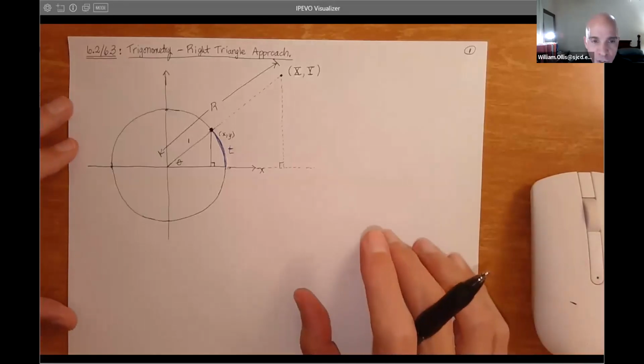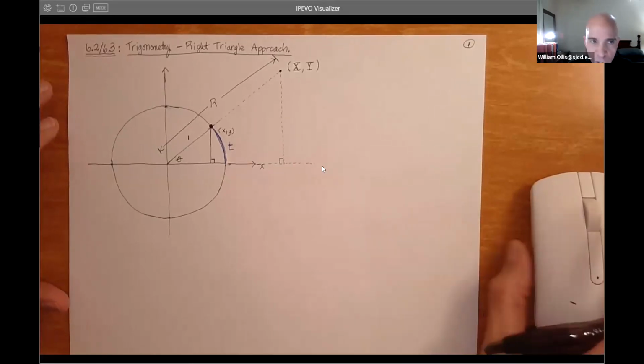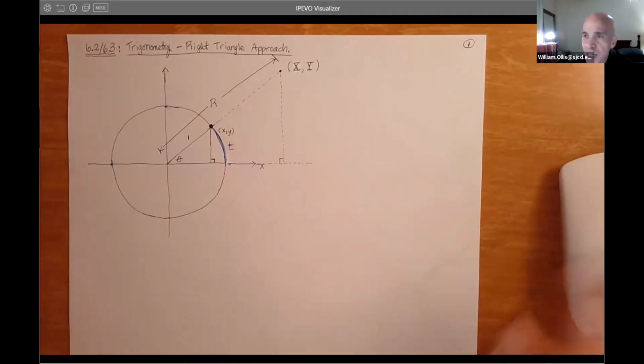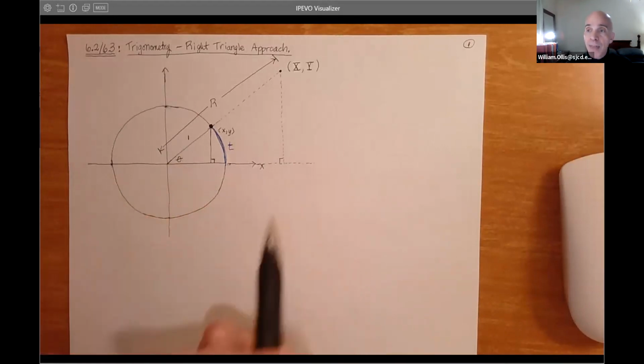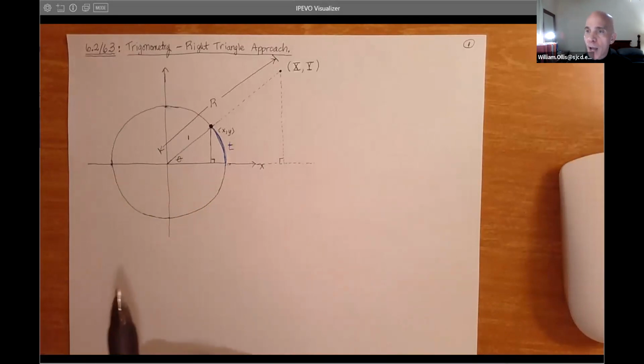So let me go ahead and share my screen. Now, what I was saying before has to do with what I've written here on this sheet. So we're going to find that 6.2 and 6.3 are kind of meshed together. And then, of course, 6.4, we'll be doing the same type of calculation with the inverse trig functions, but now we're going to add the right triangle that will allow us to do different compositions.